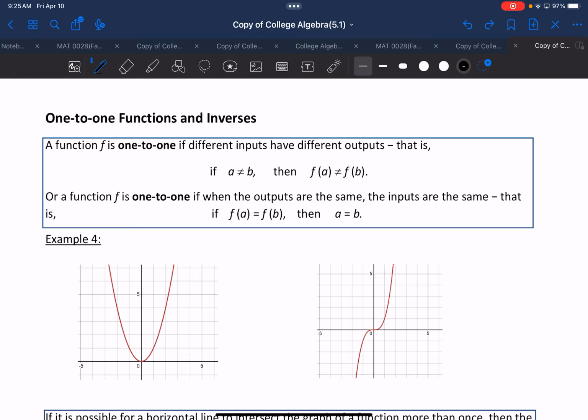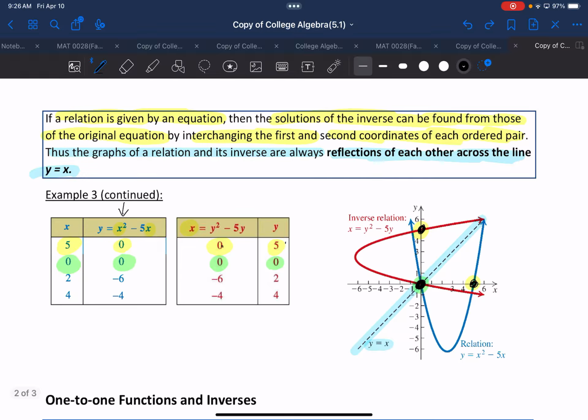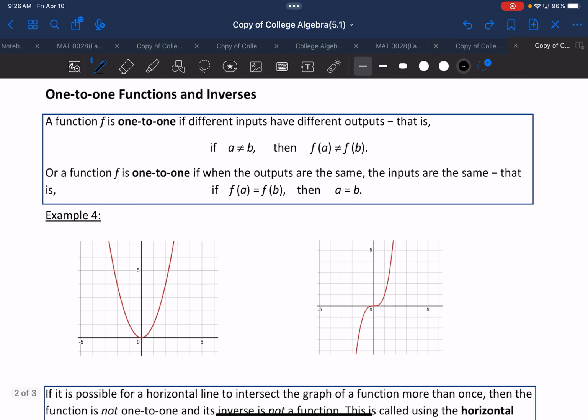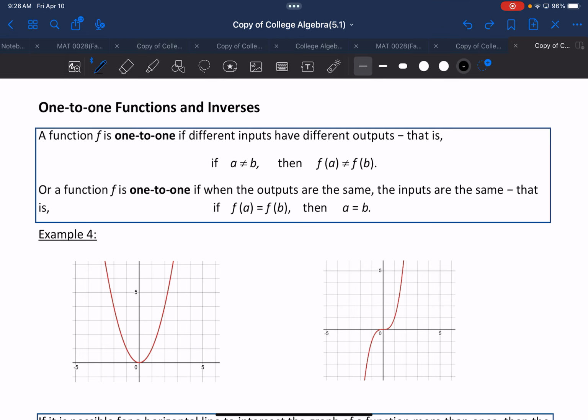So I need to introduce to you what a one-to-one function is first before we can really talk about inverse functions, okay? Because this is not an inverse function. Like I just said, the inverse is not a function. And most of your homework will be talking about inverse functions. They'll give you a couple of those problems with the ordered pairs and ask you to switch the coordinates, but most of the other problems will be dealing with inverse functions.